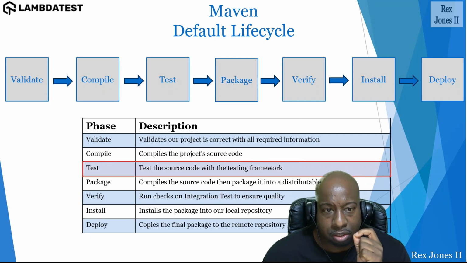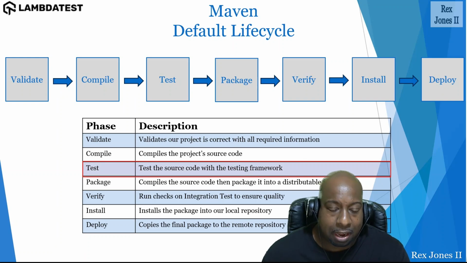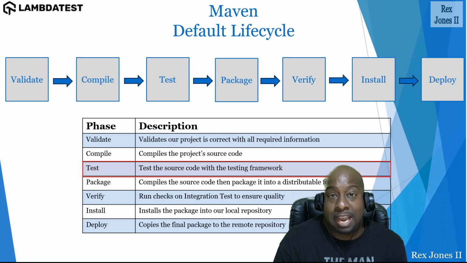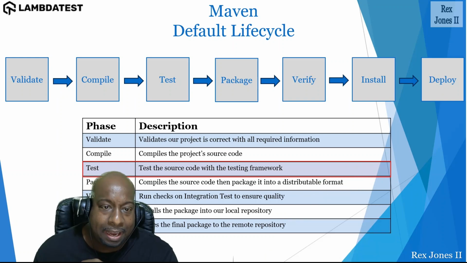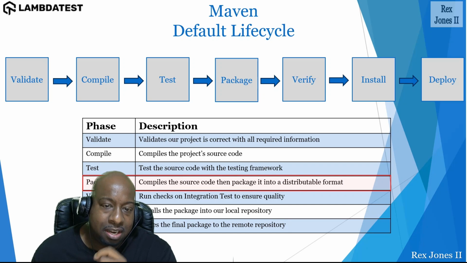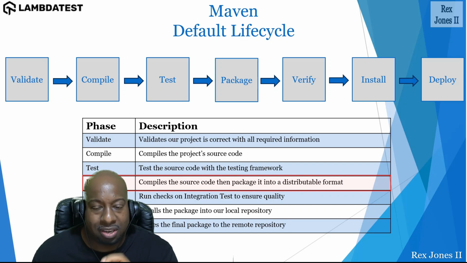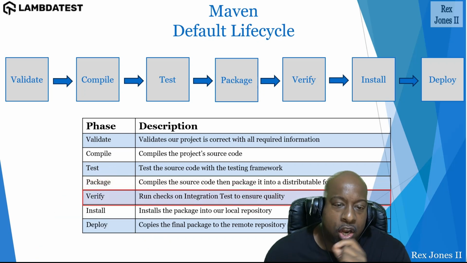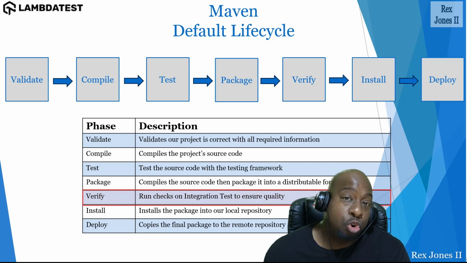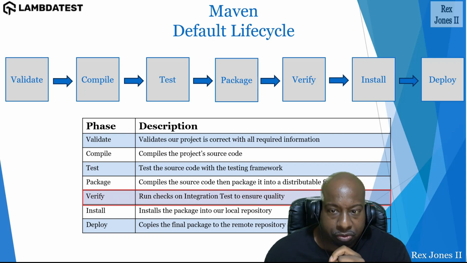It tests the source code with JUnit 5. JUnit 5 is the test framework. Package is a phase that compiles the source code, then packages it into a distributable format. Verify runs a check on the integration test to ensure the quality.